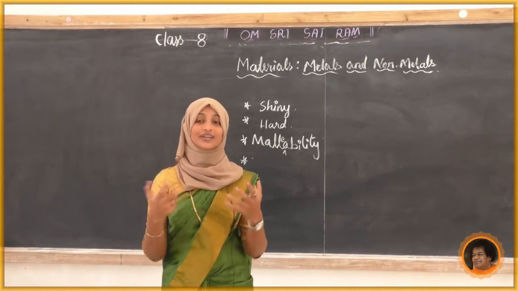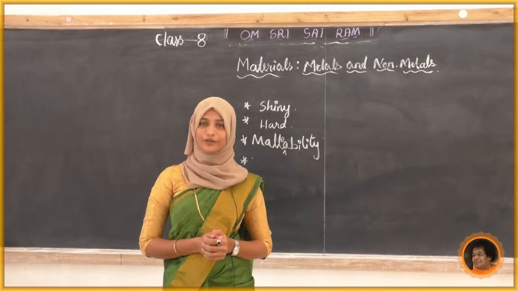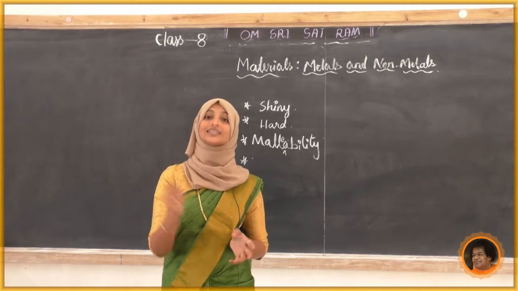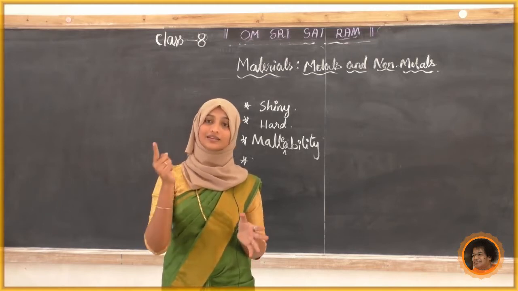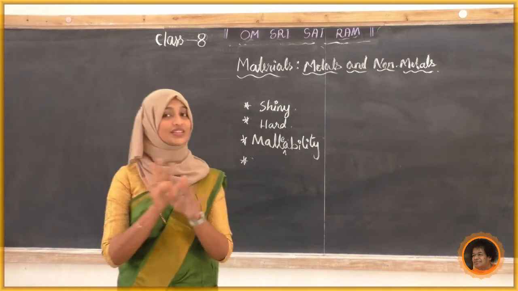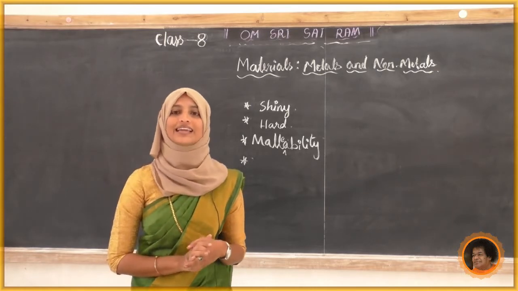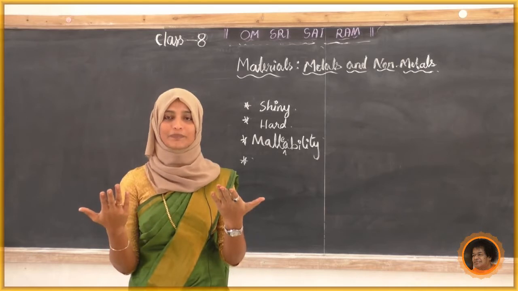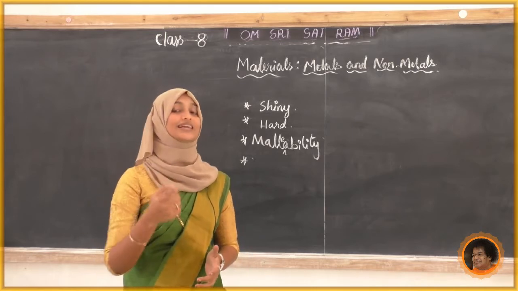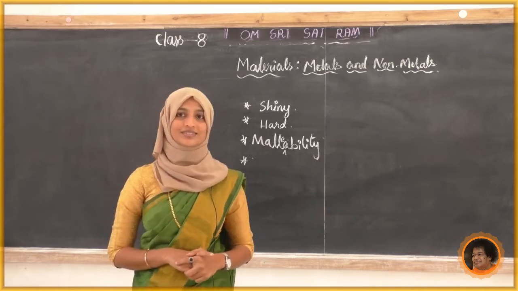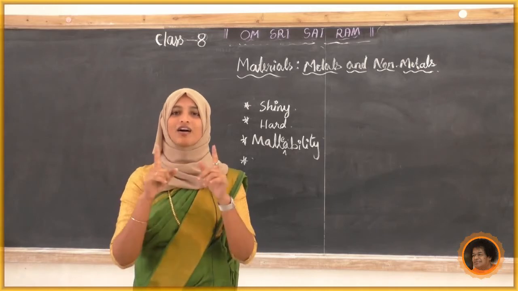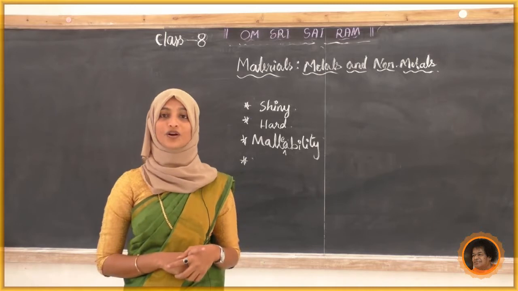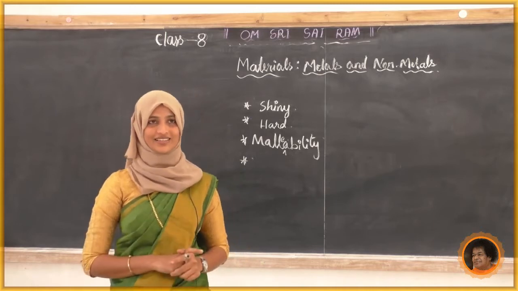So here what it indicates, if that pan is with plastic or with wooden handle, means nothing will happen to us. But if it is without plastic handles, means surely it will hurt you. So it means that all the metals are good conductors for heat and electricity.